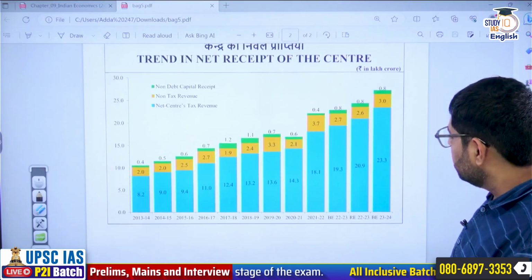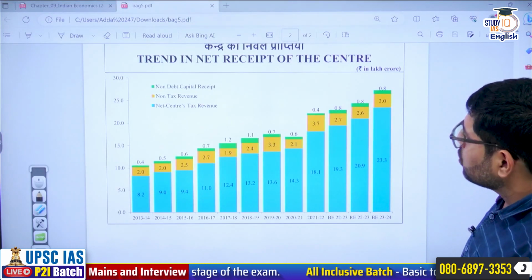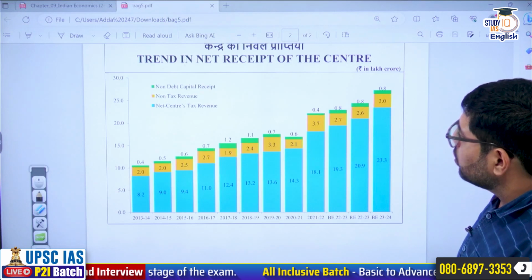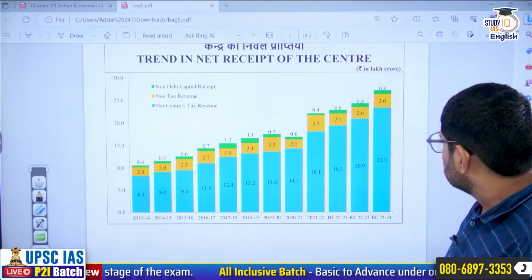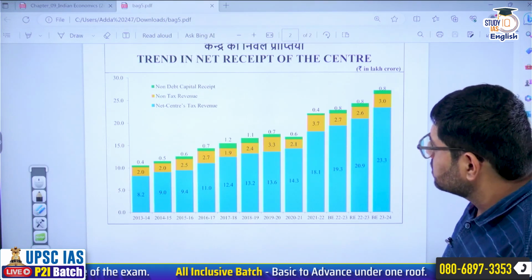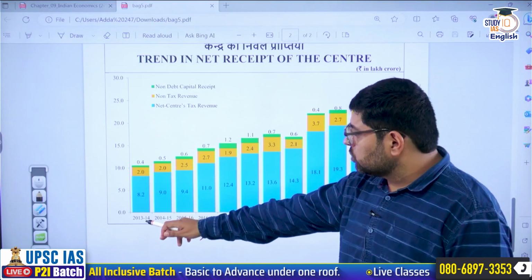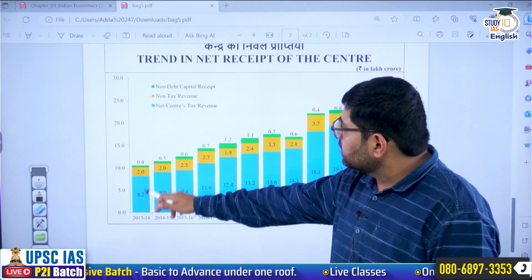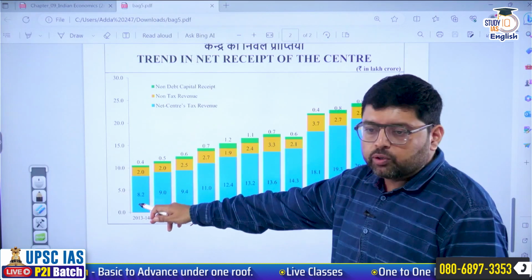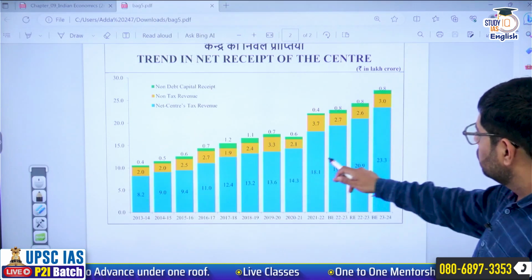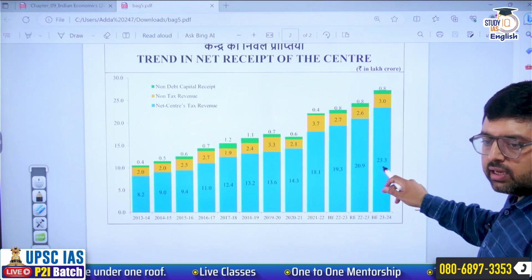Now similarly, if you see non-debt capital receipt, non-tax revenue or net center tax, these numbers are in terms of lakhs and crores. In 2013-14, your net center tax was around 8.2 lakh, but now we have come to 23 point something.